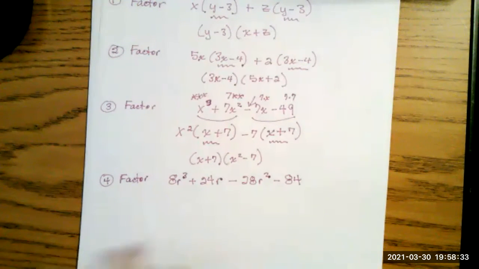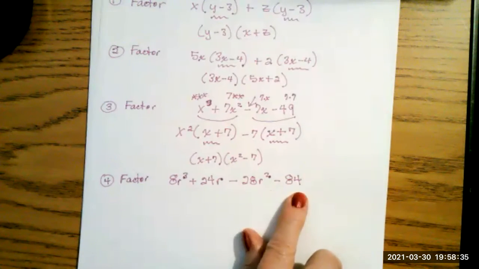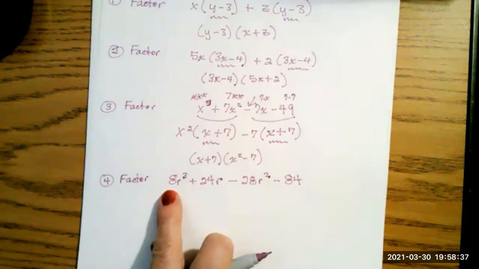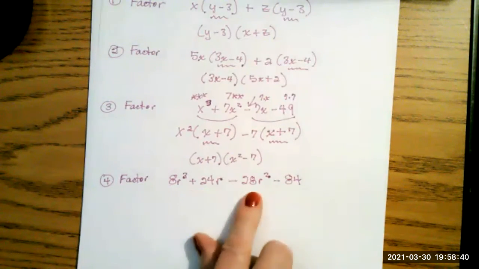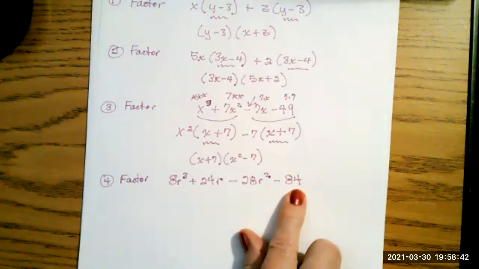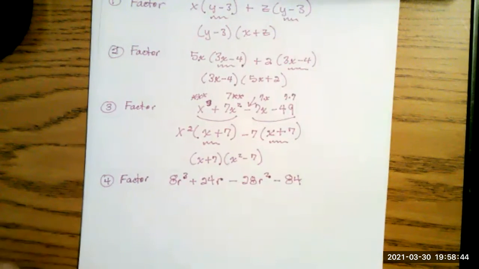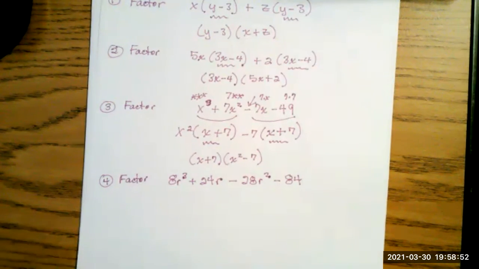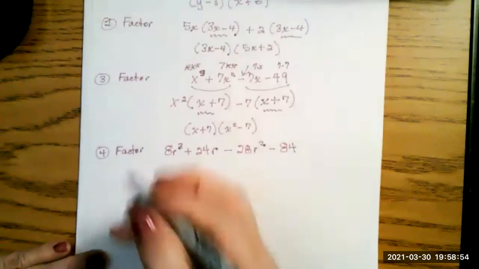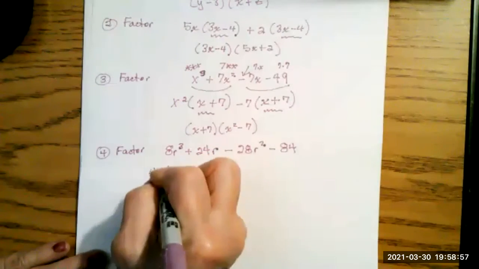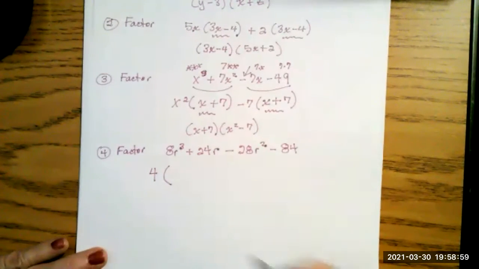Well, they don't all have an r, but let's check out 8 and 24 and 28 and 84. Can you think of a number they might all have in common? Four. So we could take out a 4 out of all of these to start with.